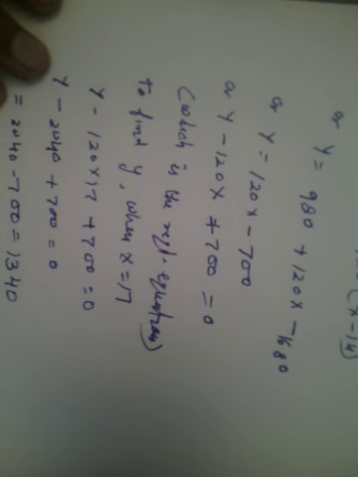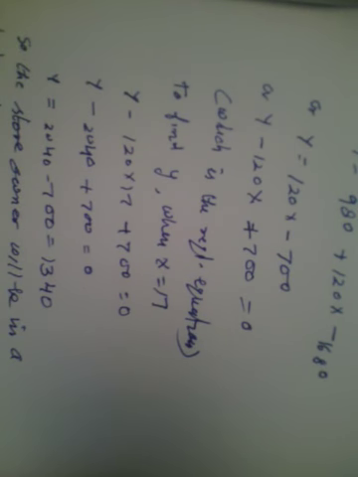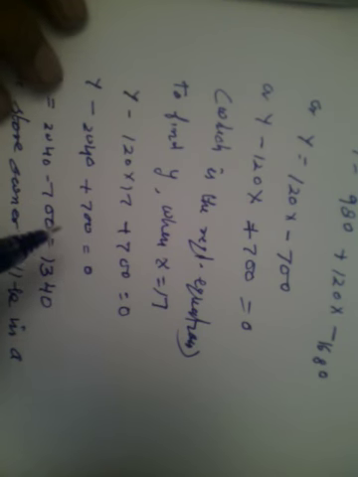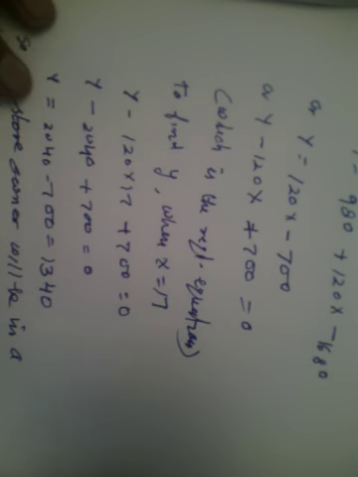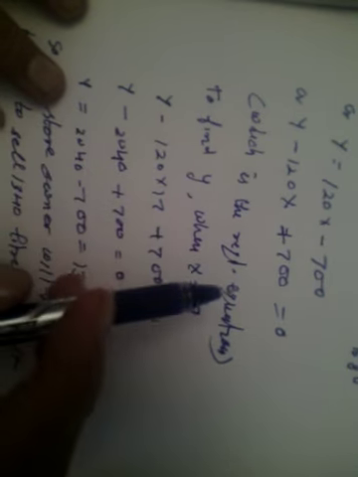Now we have to find the value of y when x is 17. That is, when the price is rupees 17 per liter, then what will be the demand, that is y. So putting the value of x as 17 rupees, we will calculate the value of y in the above equation.